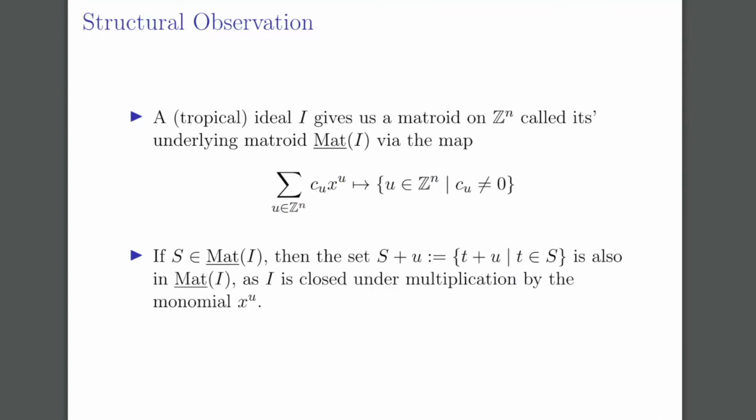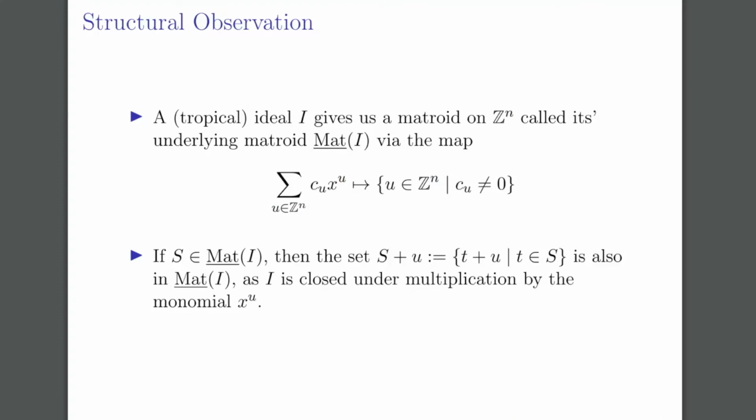So I don't just have a matroid on Z^n. This matroid has structure because the ideal I has structure coming from the multiplication map of my polynomial ring. If I have a polynomial, I can multiply it by a monomial x^u, and I can sort of translate my polynomial's exponents.